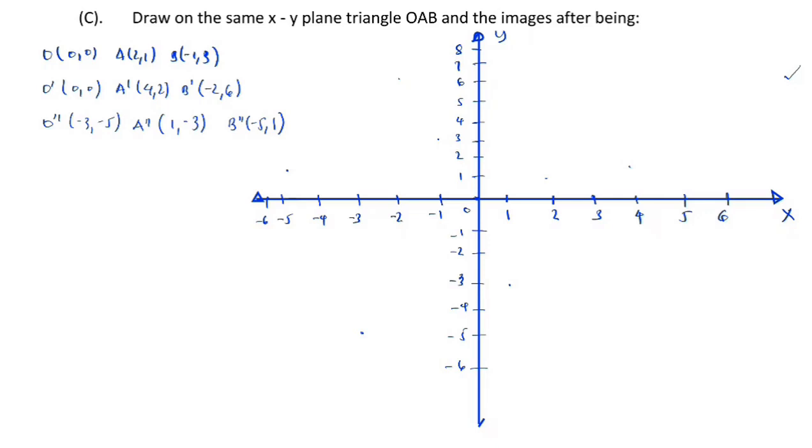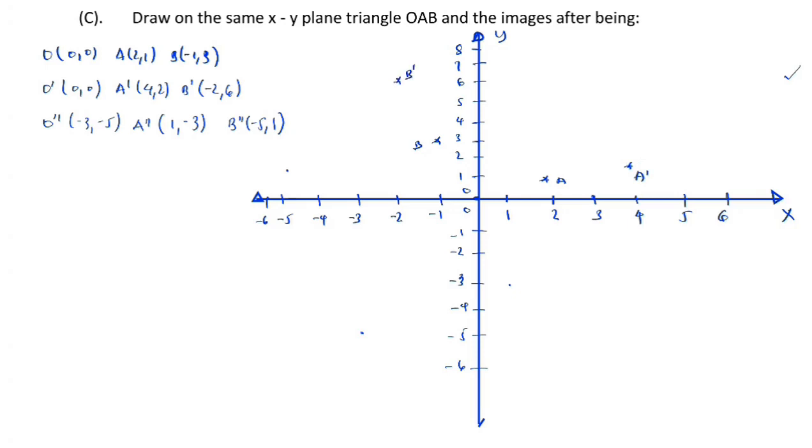So for the triangle OAB, our vertices are going to be, O is going to be here at 0, 0. A is going to be here, 2, 1. And B is going to be here, negative 1, 3. Okay, so for the enlarged triangle, our points are going to be, O is going to be here, A is going to be here, and B is going to be here.